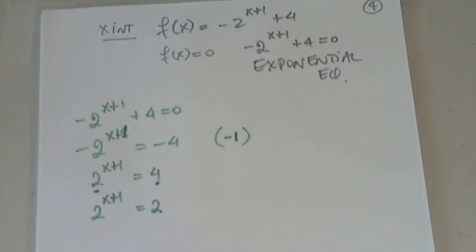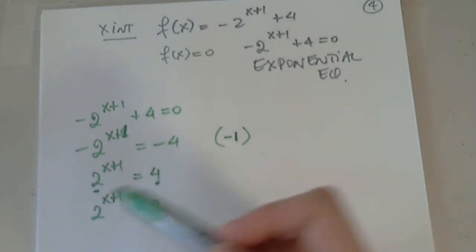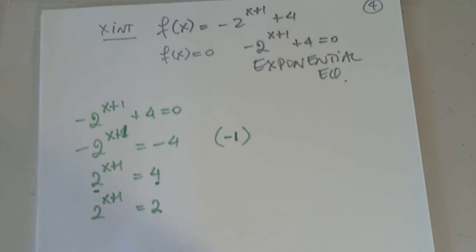If there isn't, I cannot use this method, and you will have to wait till the next section, and I'll show you how we solve it, even if they don't have the same base. But is there a way of presenting 4 with the same base? You do, 2 squared. Excellent. Now, 2 numbers are equal and they have the same base.